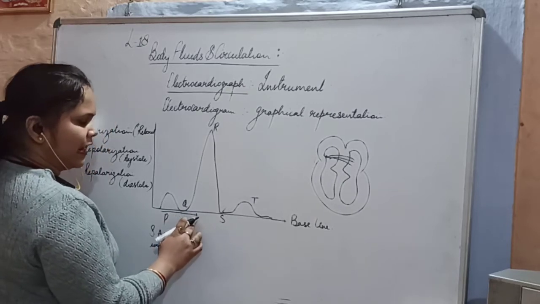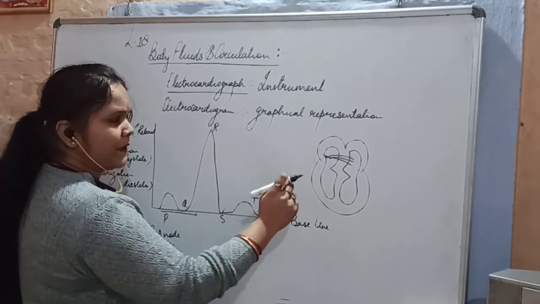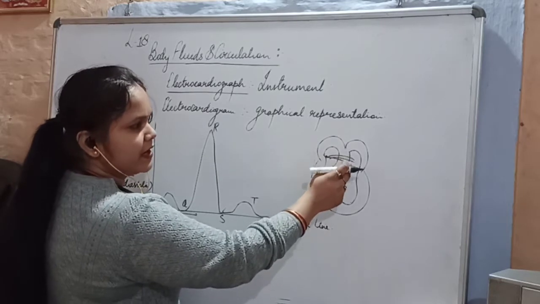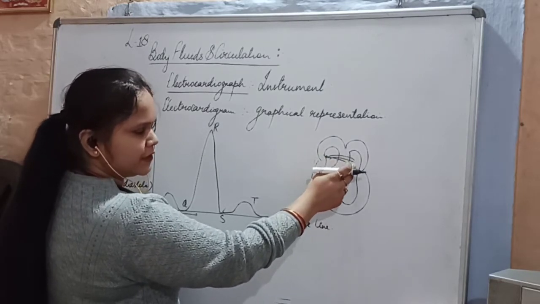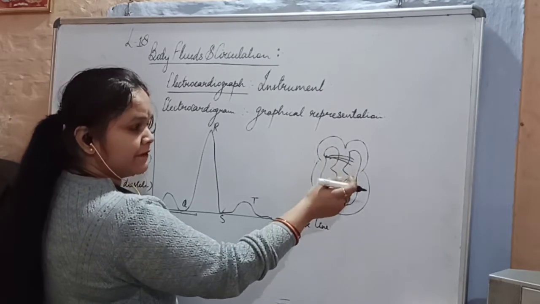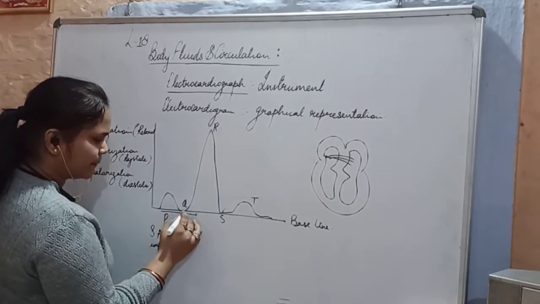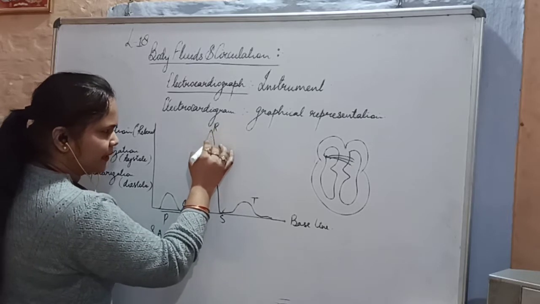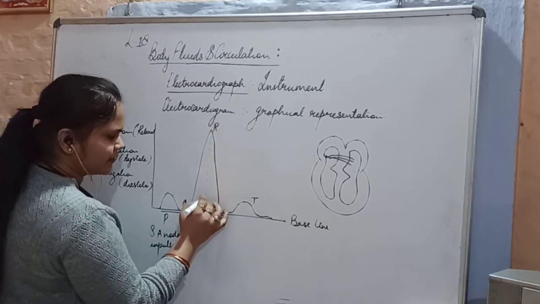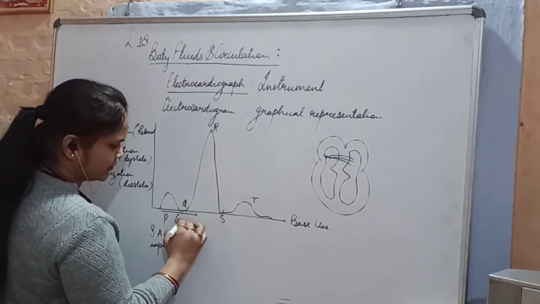Till the QR time period, the SA node transfers the impulse directly to the auricle and then to the AV node. First it transfers it to the auricle. So during the QR stage, the auricles will be in the contracted state.